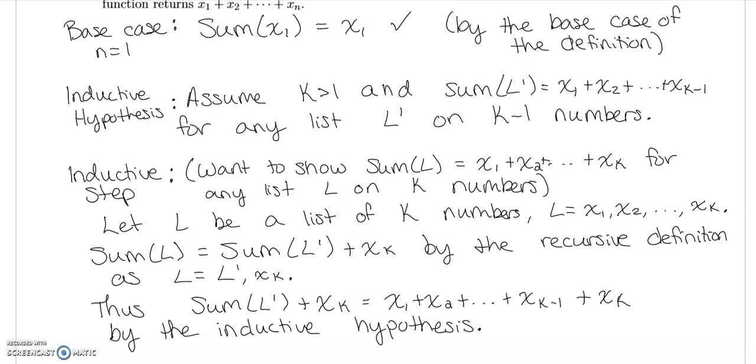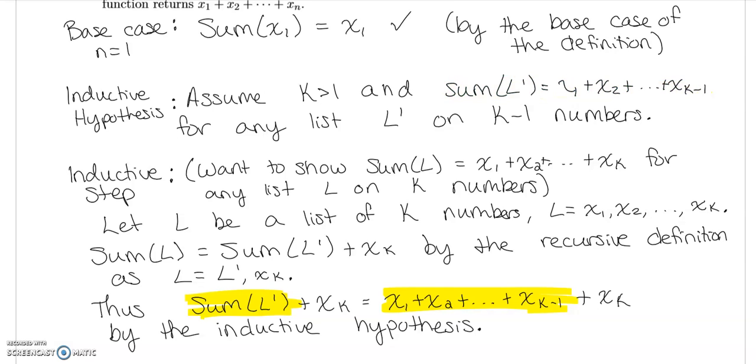Because this sum of L prime is x sub 1 added together all the way up through x sub k minus 1, because we said so in the inductive hypothesis. So just highlighting where that replacement is coming from.